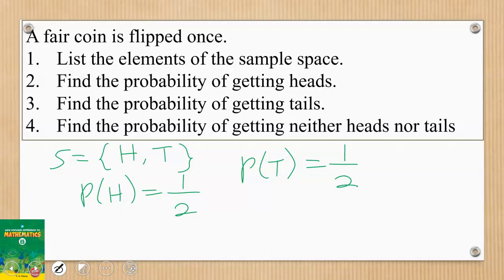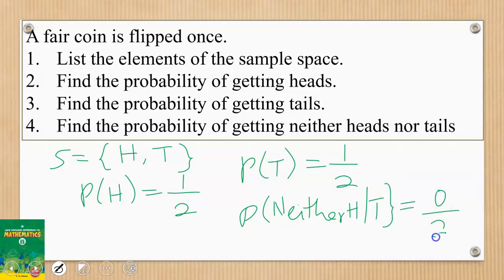So if you say neither head nor tail, then the number of elements is going to be 0. So the probability of neither H nor T, the number of elements in the sample space for this one is going to be 0 over 2, and the answer is 0. So there's no way you throw the coin and it will land neither head nor tail.